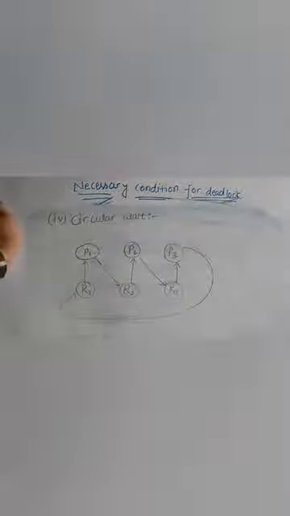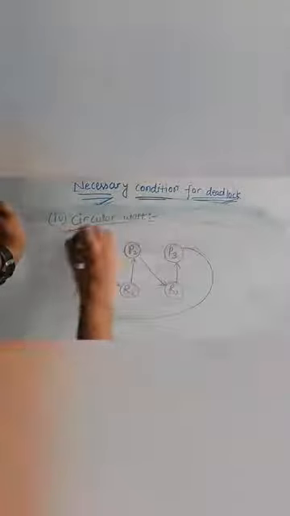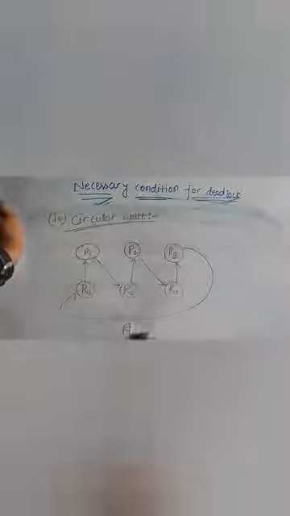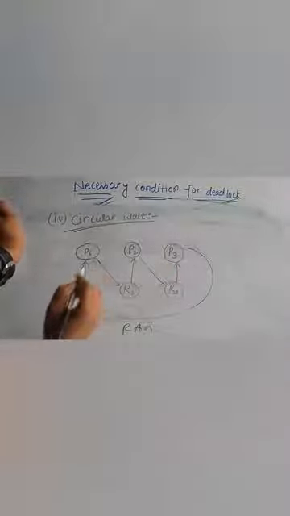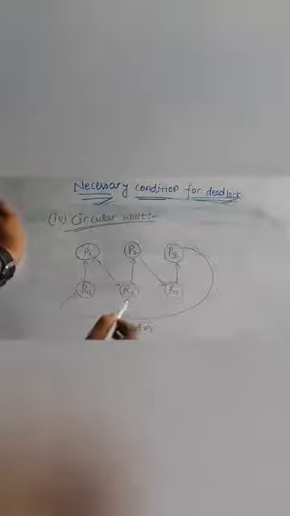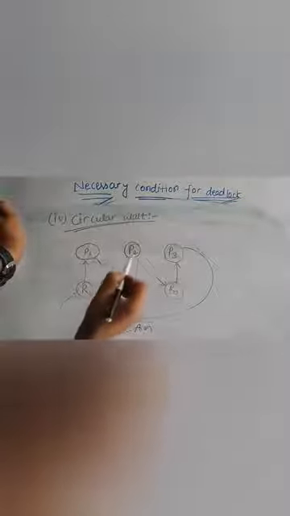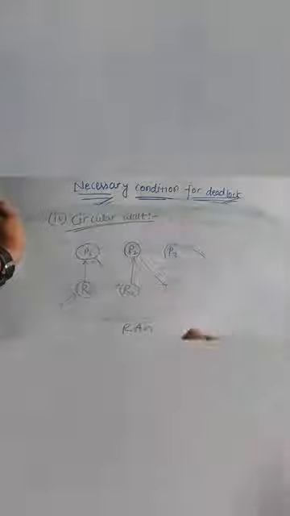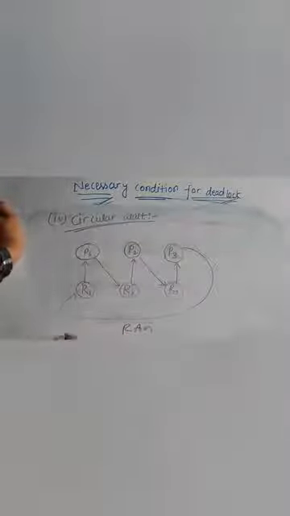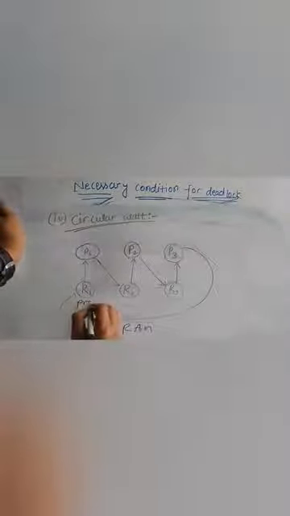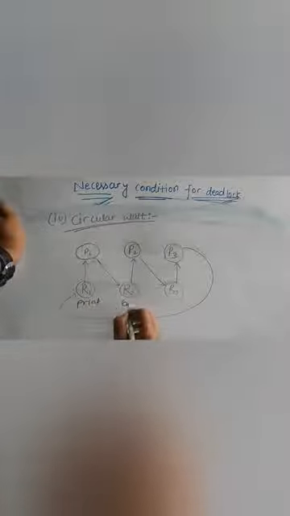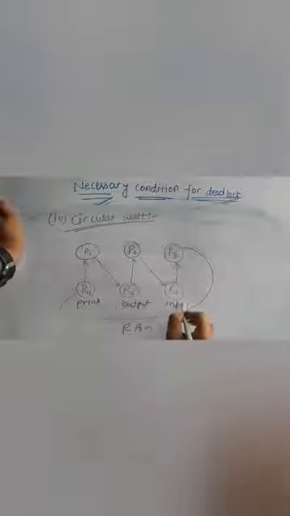Now the fourth necessary condition for occurrence of deadlock is circular wait. Here in the RAG graph, we can see that process P1 is allocated resource R1 and demanding resource R2. In a similar way, P2 and P3 make a circle. This resource is a printer, this is an output device, and this is an input device.